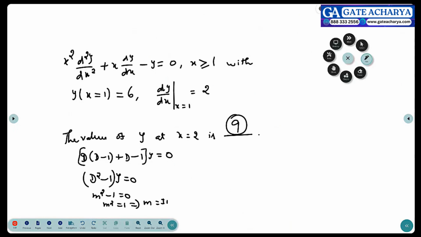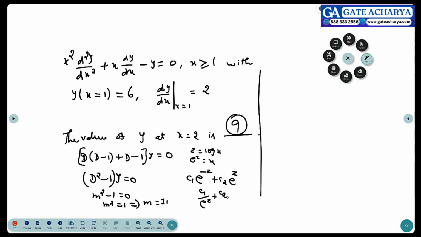Then I proceed. The solution: put z equal to log x, so e power z is x. In this case there are different roots, so c1 e power m1 z plus c2 e power m2 z.